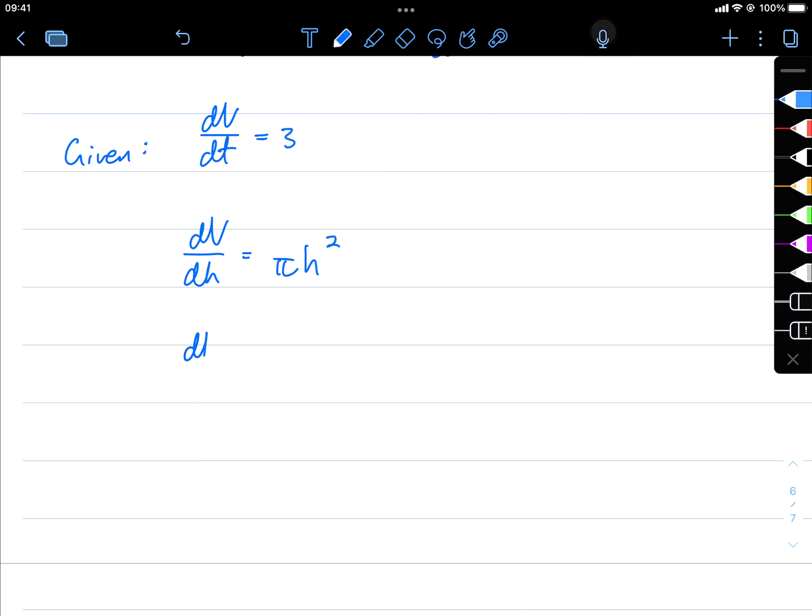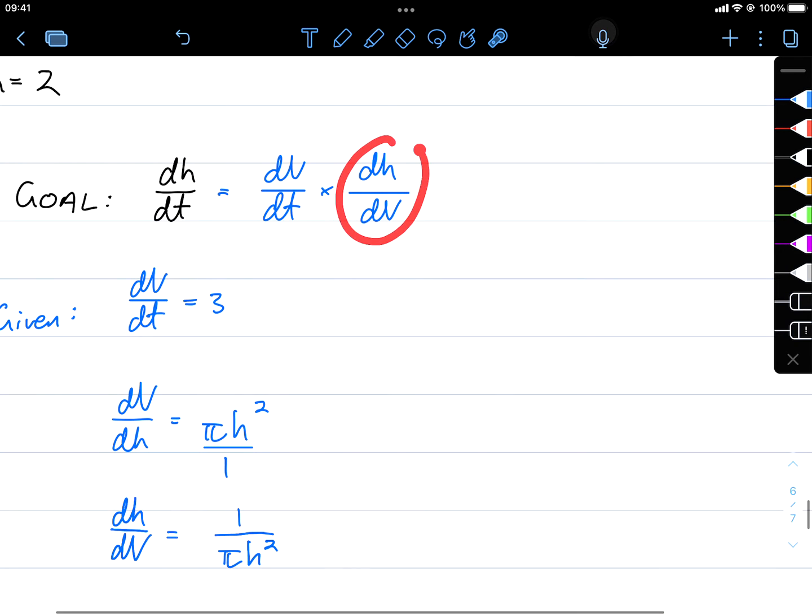So we could get what we needed, dh over dv. Likewise, with this right-hand side, we can think of this as a fraction over 1. Because we took the reciprocal of the left-hand side, so we put it to the power of -1, we have to do the same thing on the right-hand side. So we're going to flip this fraction as well. This is going to be 1 over pi h squared. And now we have that dh on dv that we were looking for.